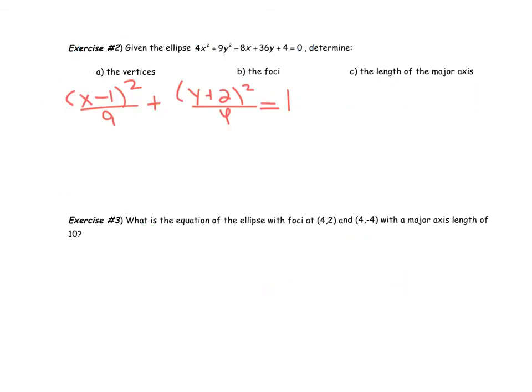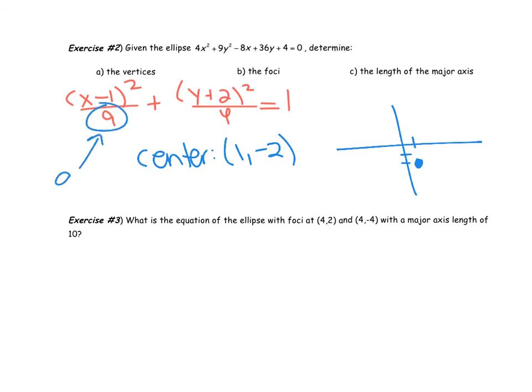All right, now that we have our equation, we can come up with what the center is. So let's make a little sketch here maybe. We know the center is at 1, negative 2, right? So this is centered at 1, negative 2. And our a squared goes with the 9.